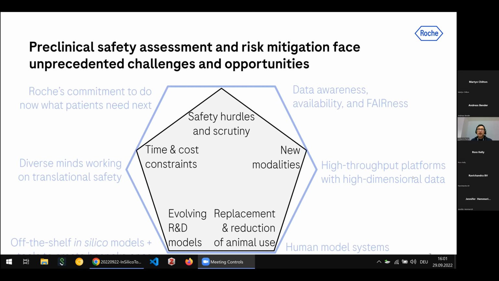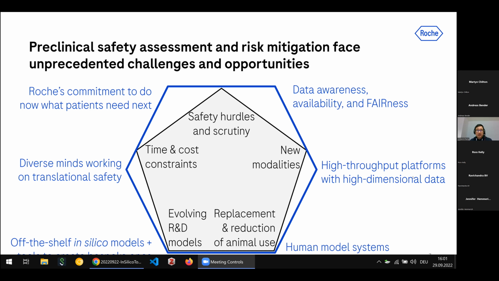So that's why we decided to set up this computational toxicology and safety group, because we are convinced that when there are challenges, there will be more solutions. And on the positive side, we have more data awareness, availability, and fairness. This has been touched on since the beginning of today's meeting, which I'm very glad to observe.